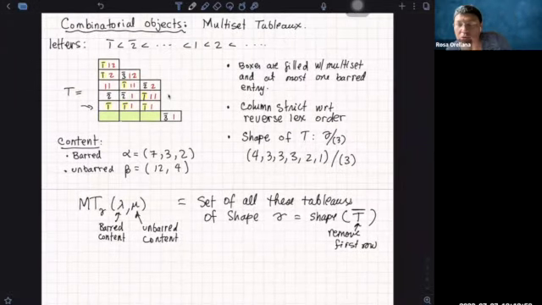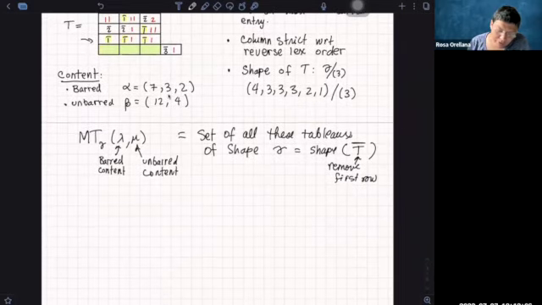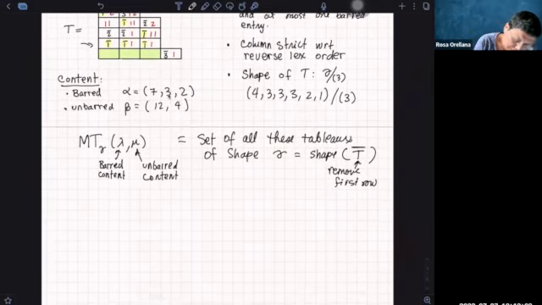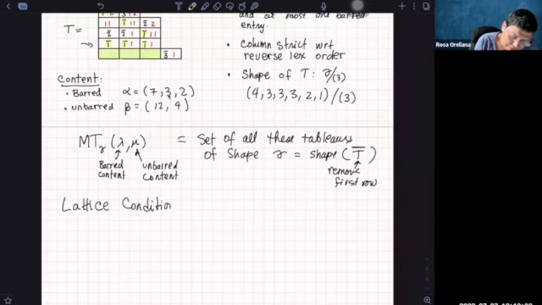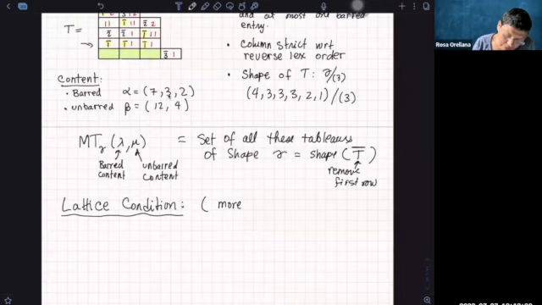Okay, so now I want to tell you about the way that you read the entries when you're doing the Littlewood-Richardson rule. I'm going to show you how to do the reading here. You have to extract a word. So there is a lattice condition, and remember the lattice condition in general is when you have a word, at any point in the word you want more i's than i plus ones as you read the word.